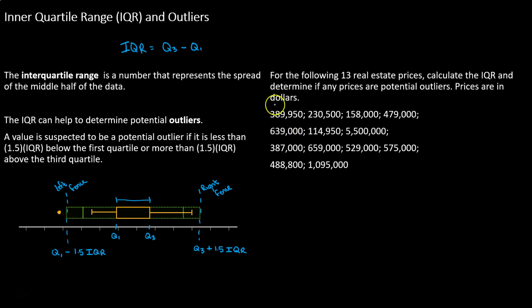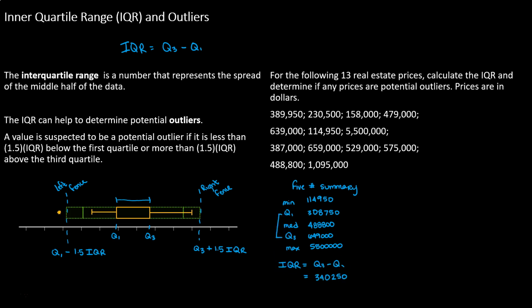So what I'll do is enter in this data set into my calculator and find my 5-number summary. Now that we have our 5-number summary, we are able to calculate the IQR using Q3 minus Q1. Now we have everything that we need to be able to calculate the left and the right fence.